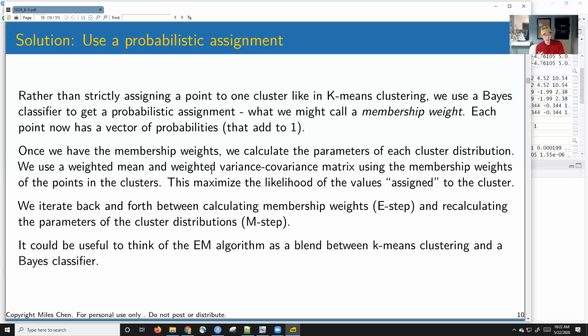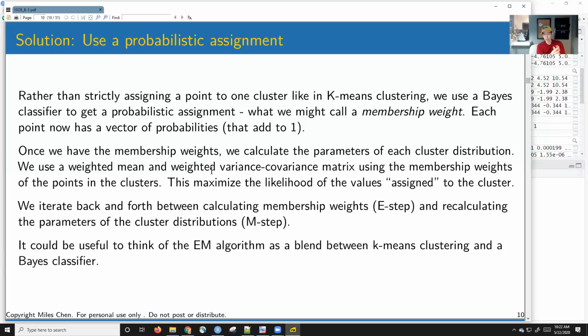With the EM algorithm, once you assign the points using the membership weights, you calculate the parameters of each cluster. In our case, the clusters come from multivariate distributions, so we're going to calculate the mean of each distribution and the variance-covariance matrix of each distribution, and they are going to be weighted means and weighted variance-covariance matrices.